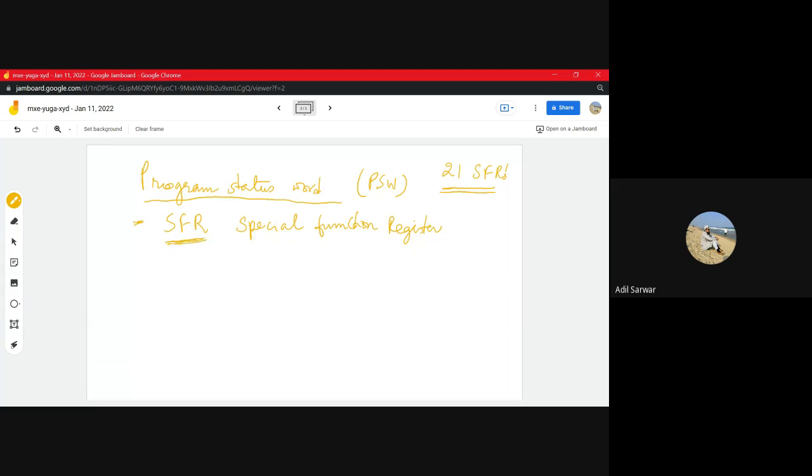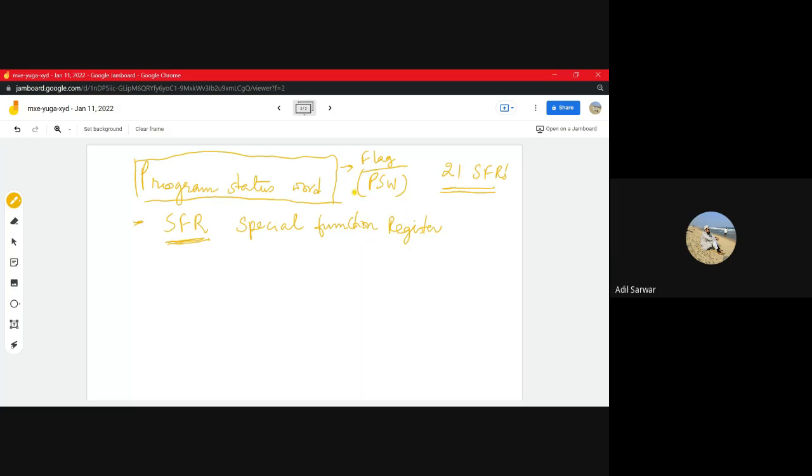We have a complete lecture dedicated to understanding the various SFRs in 8051, so I won't be going into the depth of these SFRs. I was just talking about this program status word. This SFR is basically a flag register of 8051.